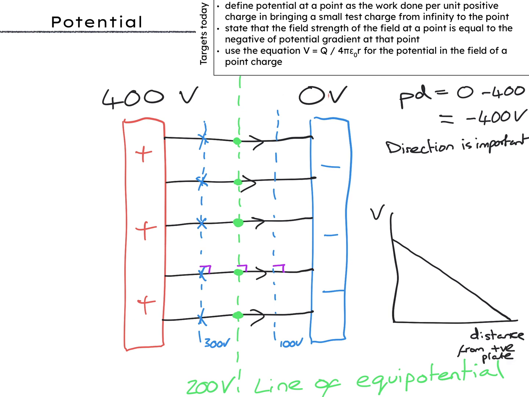It has a negative gradient, of course, because as distance increases, delta V is negative, as I pointed out earlier. So, there we have a complete diagram for a uniform electric field. Two plates, field lines going from positive towards negative with their arrowheads, and lines of equipotential.